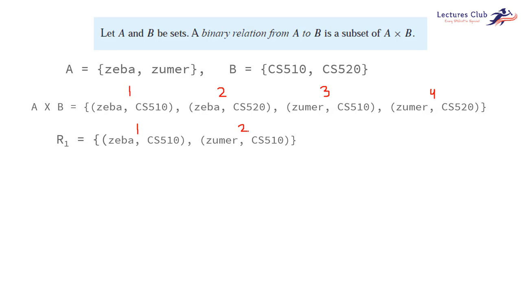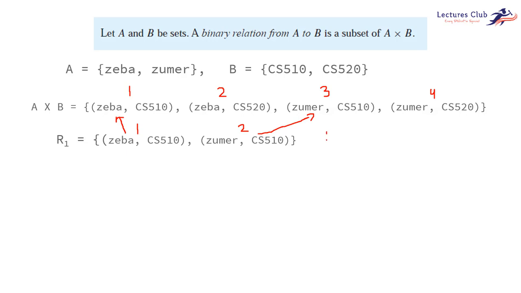These are the two elements in R1. You can see that the first element of R1 is also an element of A cross B, and similarly, the second element of R1 is also an element of A Cartesian product B. So R1 is a subset of A cross B.